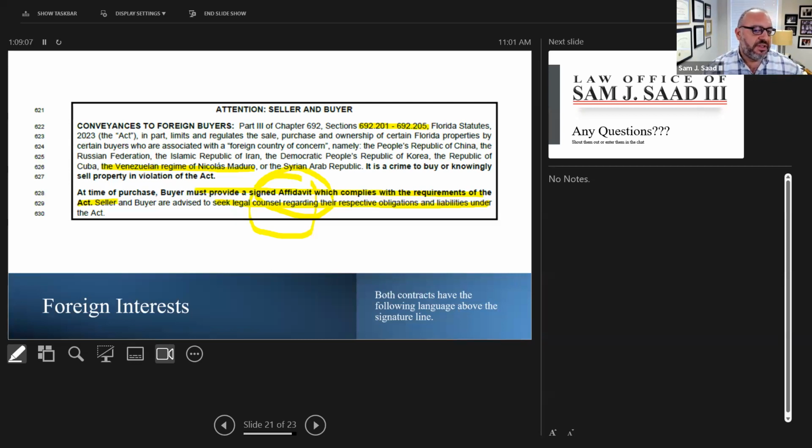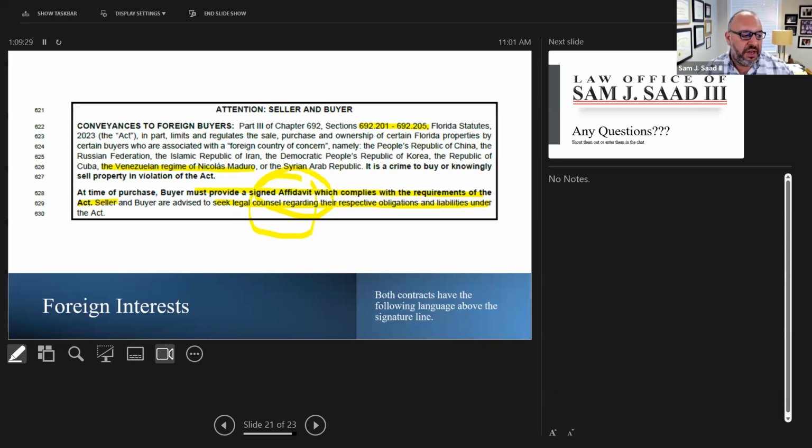Naomi, this only applies to purchases. So it's a buyer only, and a tenant would not have to worry about this. Then Batia is asking, what about the title companies doing the closings? Realtors and title companies don't appear to have criminal liability under the act.